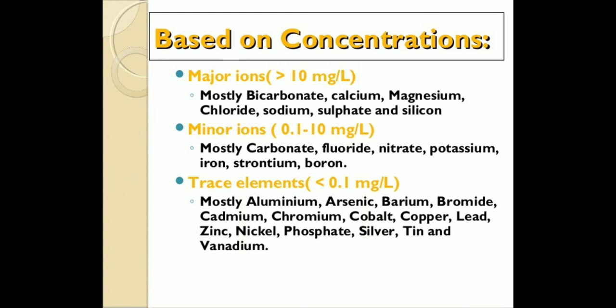Mainly we are concerned with the minor components, and their proportion is from 0.1 to 10 milligram per liter. By this concentration we can get an idea about minor ions and major ions.